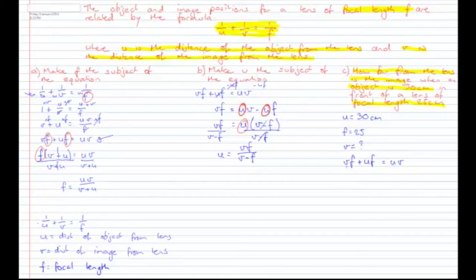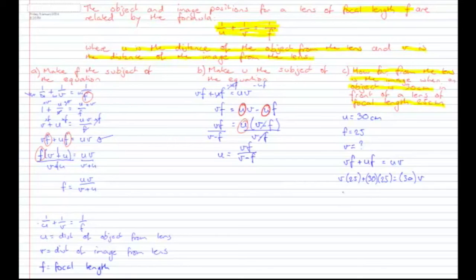Alright, well I don't know my v's, but I do know my f's, so everywhere I see an f I can write 25. So v(25 plus u being 30) times f being 25 is equal to u being 30 times v, which I don't know.